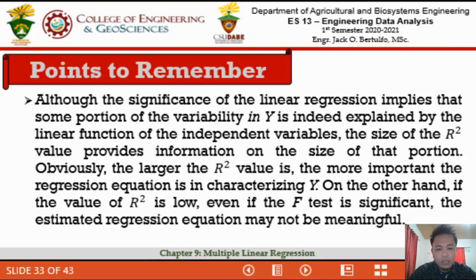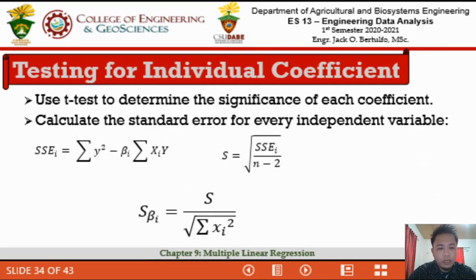So we need to test the coefficient of our independent variable using a t-test. You're familiar with the t-test. We need to test each individual coefficient to see if it significantly affects or not. So we'll go one by one.